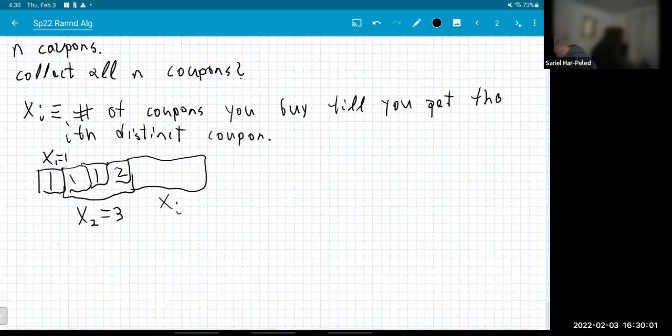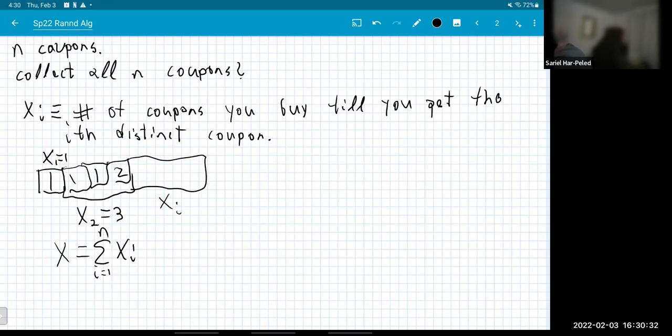And clearly what we're interested in is the sum of those variables, X equals the sum over i going from 1 to n of Xi.